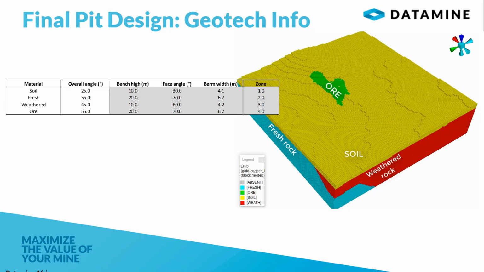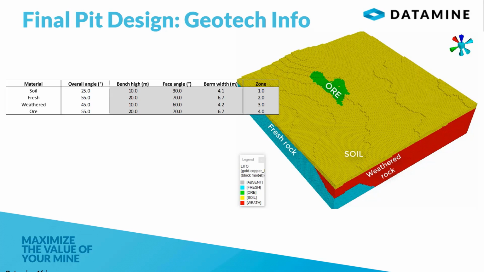We are going to have bench heights of 10 on soil, and bench heights of 20 on fresh and ore. Weathered and soil are going to have 10 meters bench height. On the face angle, we're going to have 30 degrees for soil, 60 for weathered, and 70 for fresh and ore.